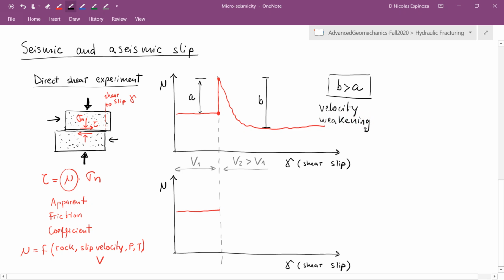And this is the kind of material which is going to induce a seismic slip.